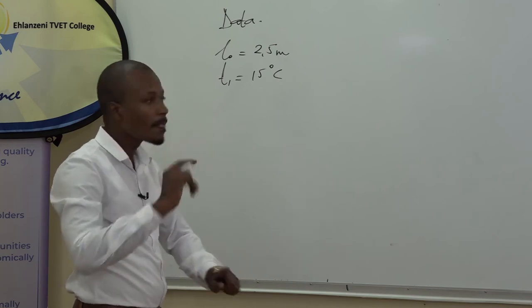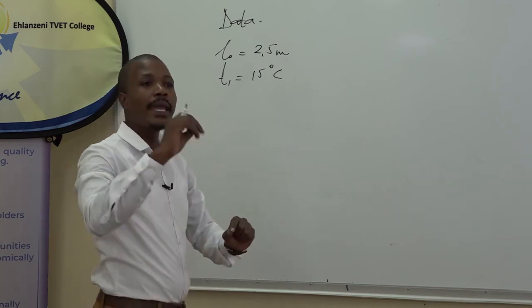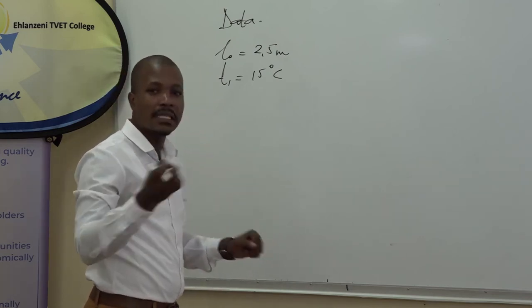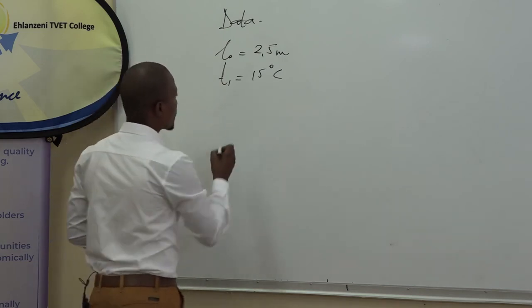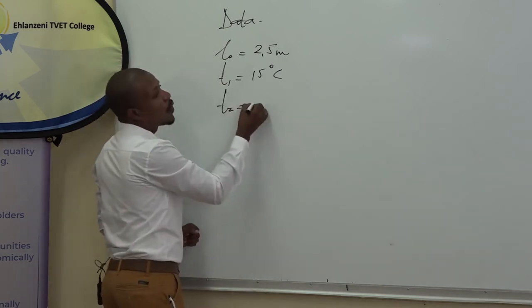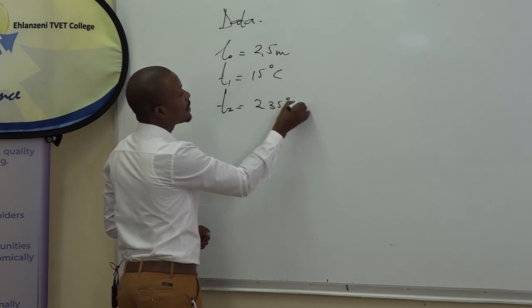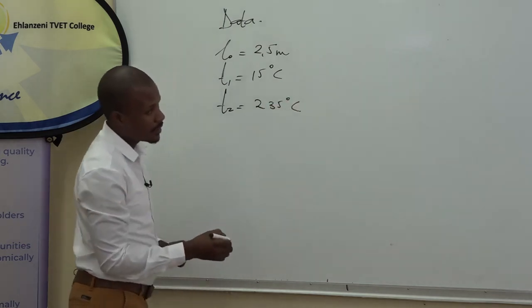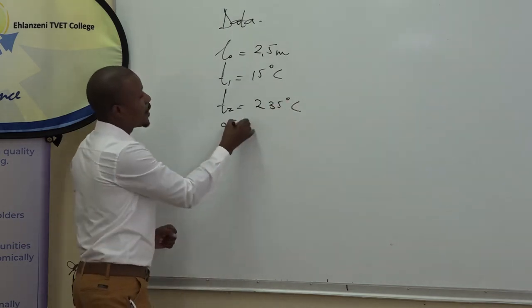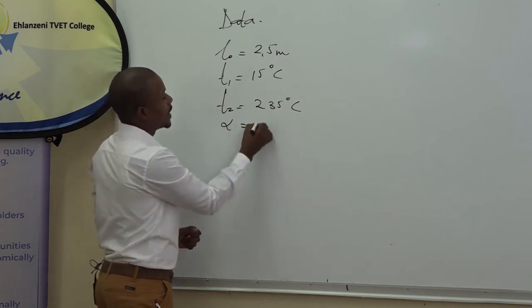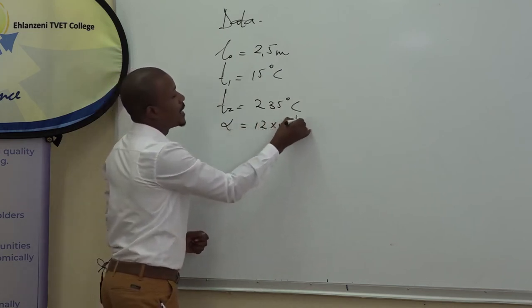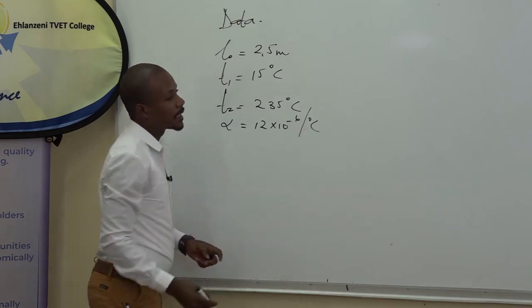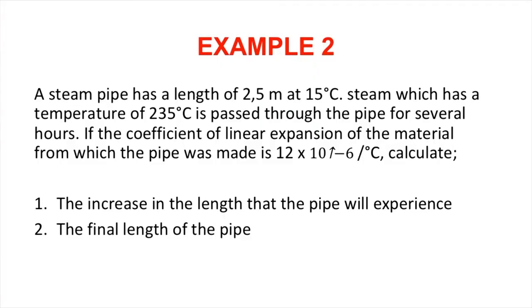It changes, right? It changes to a point where the pipe and the steam have an equal temperature. This means that T2 will be 235 degrees Celsius. And the coefficient of linear expansion is given as 12 exponent negative 6 per degree Celsius.